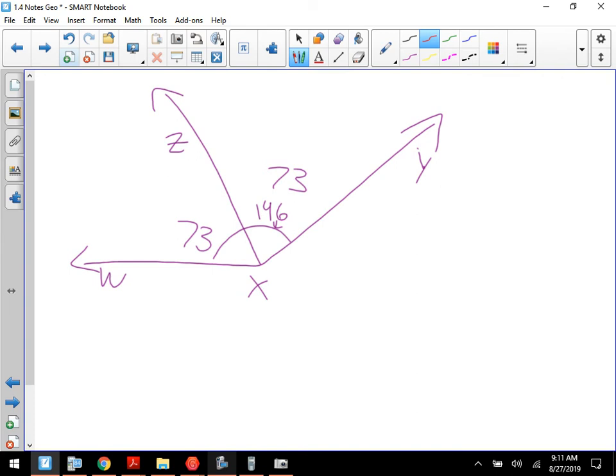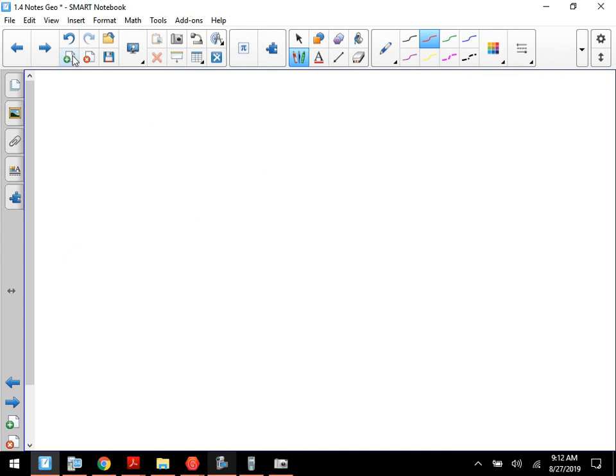Now, in terms of the bisector stuff again, if you flip over to the other side, the middle section, I'm going to look at number 16.